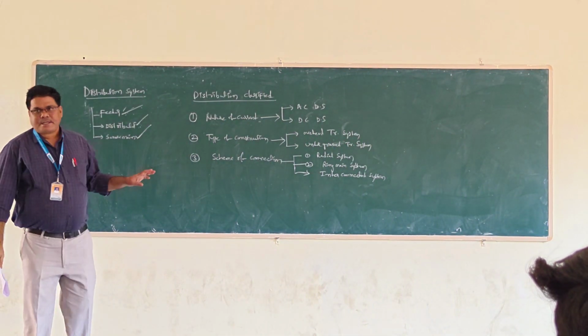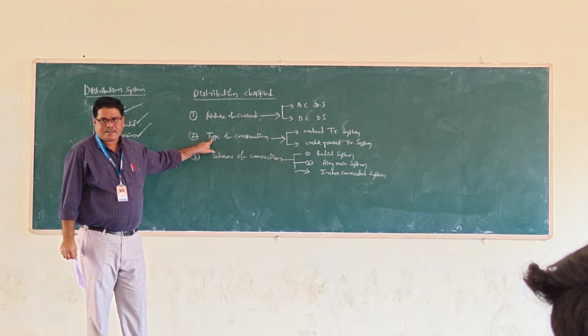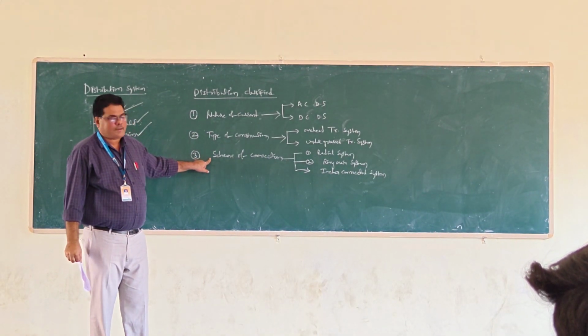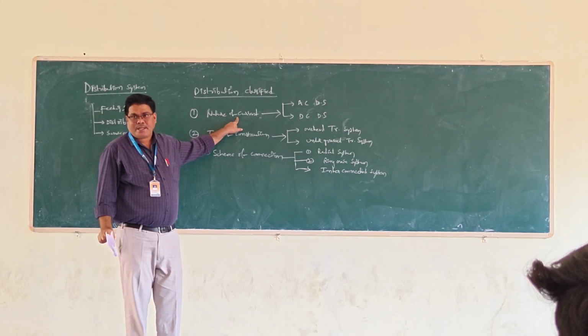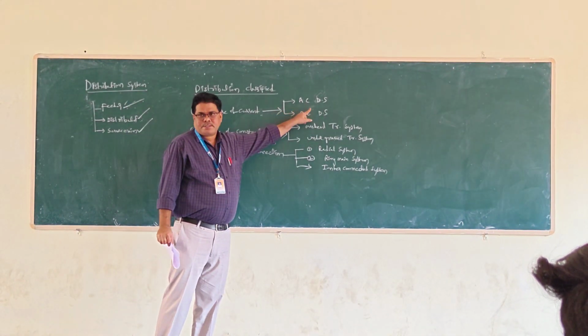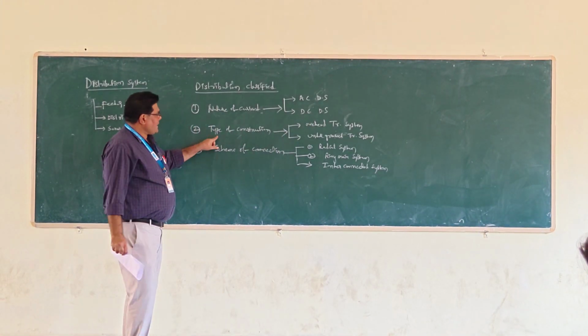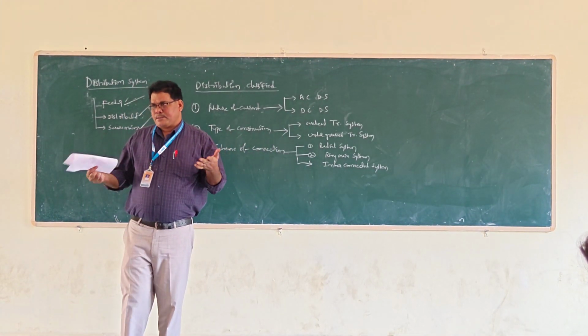Distribution system classification: according to nature of current, according to type of construction, according to scheme of connection. According to type of current, what type of current do you use? AC current or DC current? So AC distribution system, DC distribution system. According to type of construction, how to transmit the power?